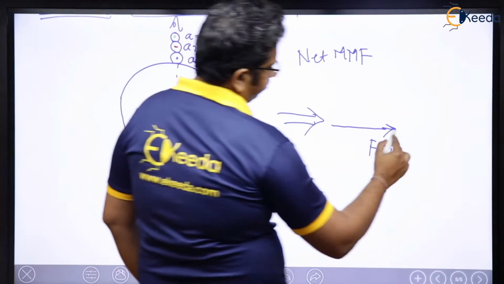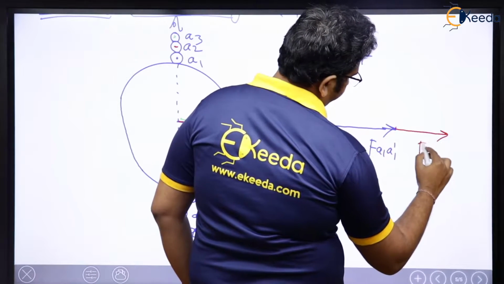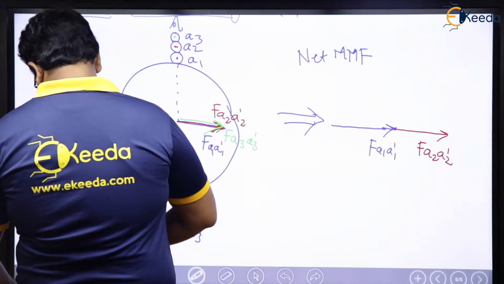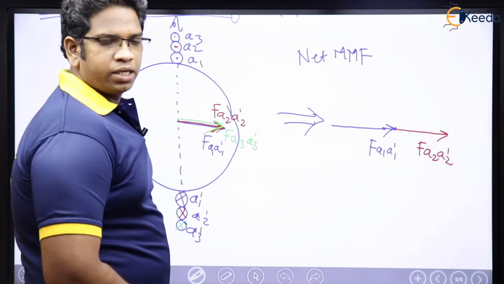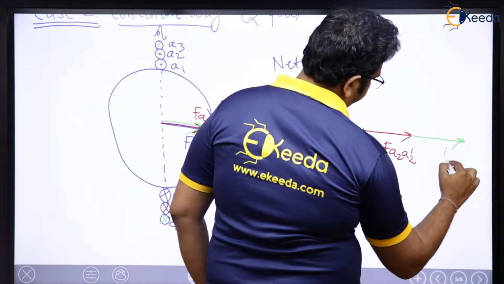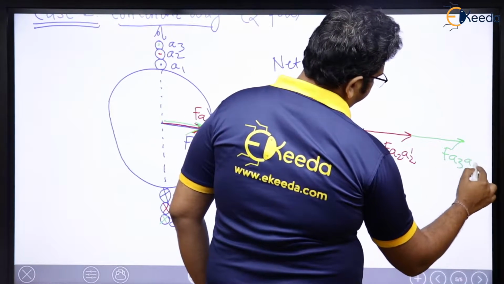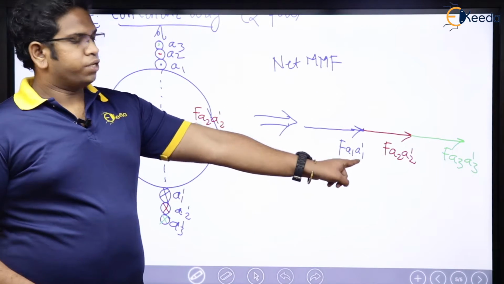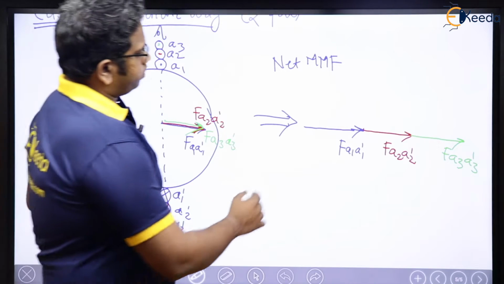Then this is going to become F A2 A2 dash. And then again, this is going to become F A3 A3 dash. I hope it is clear, right? A1 A1 dash, A2 A2 dash, A3 A3 dash. So this is going to be the resultant.